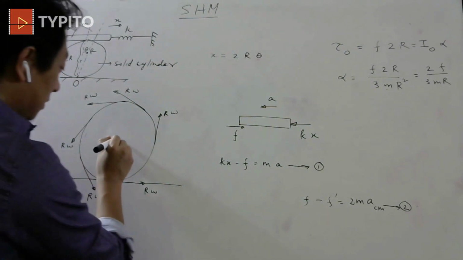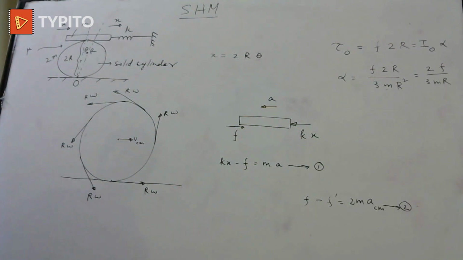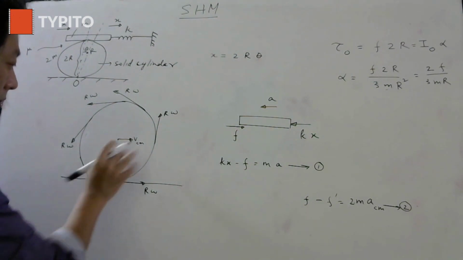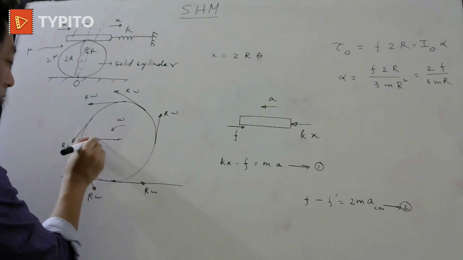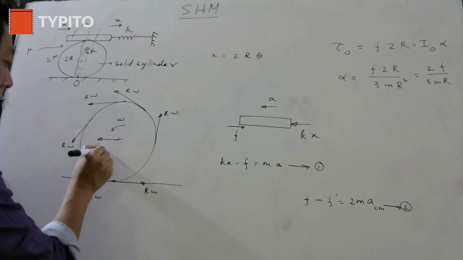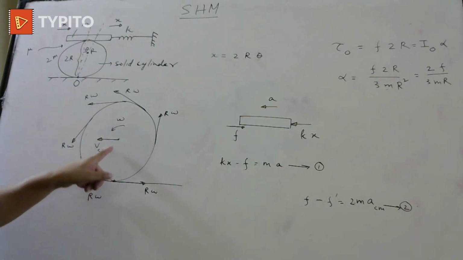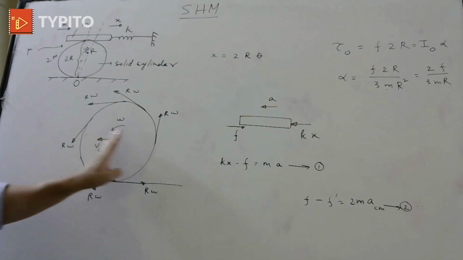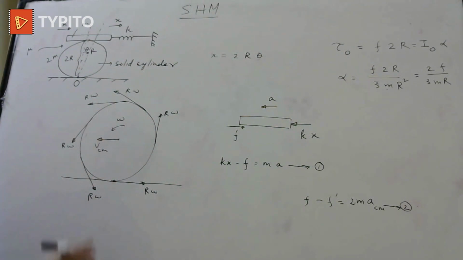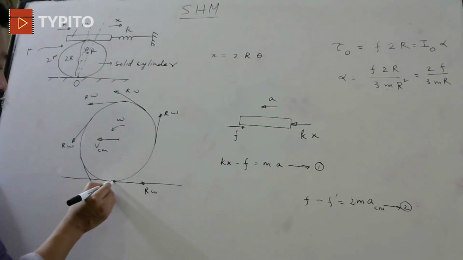But if center of mass is moving with respect to ground, then, because I assume omega is this way, VCM should be here in order for pure rolling to occur. So if I say that center of mass is moving when I see from ground, then when I see this point with respect to ground, its velocity will be what?